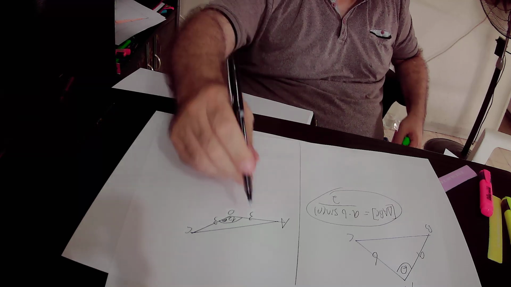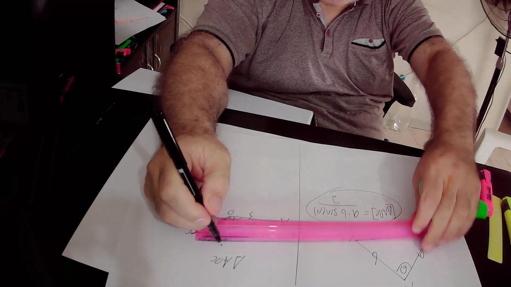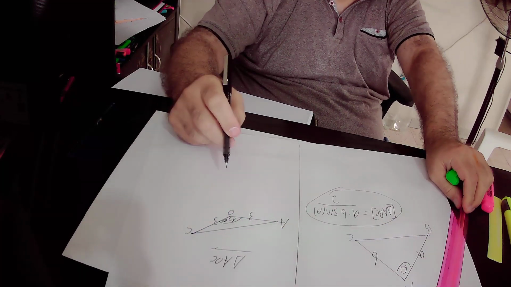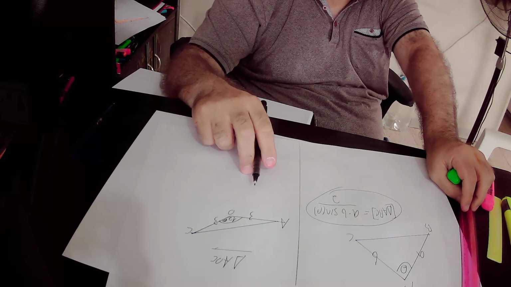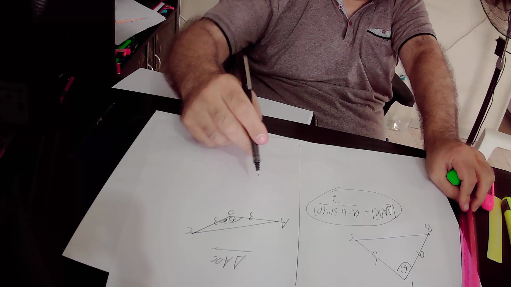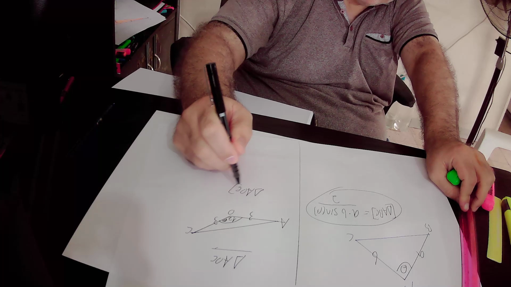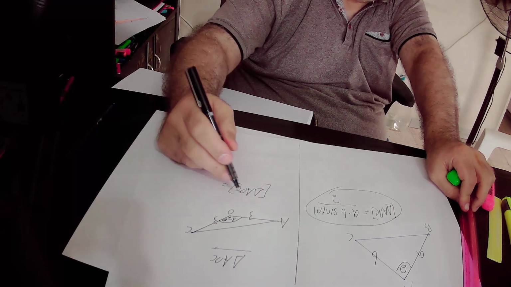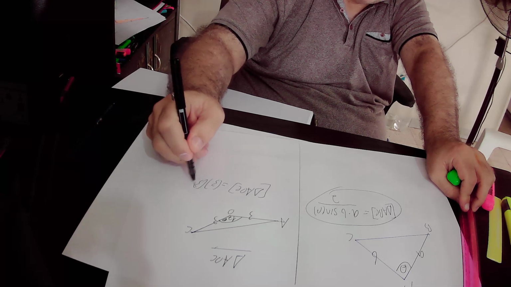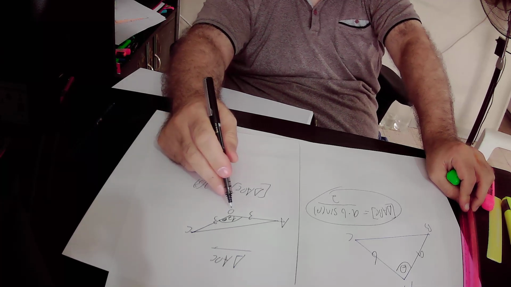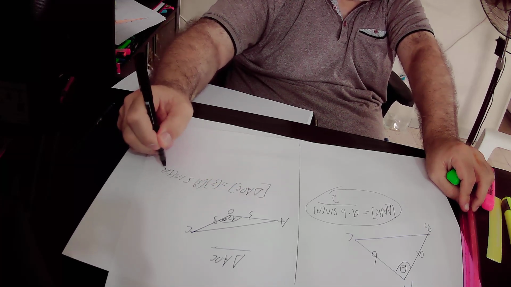So this is actually triangle AOC that I copied from the original drawing. According to the new formula, we get that the area of triangle AOC will be equal to 3 times 3 times sine 120 degrees over 2.